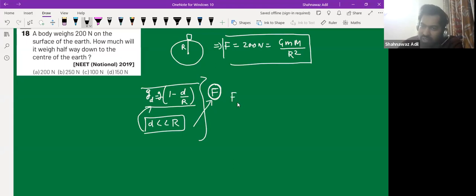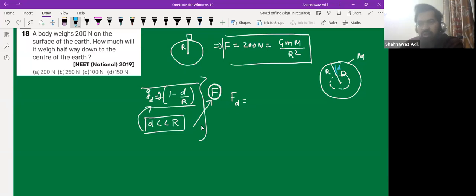So force at depth, this would be how much? Let's say this is the mass m and this is the total mass of the Earth, and then at a certain depth we are taking this object. So this is r, and this distance is the depth, right?